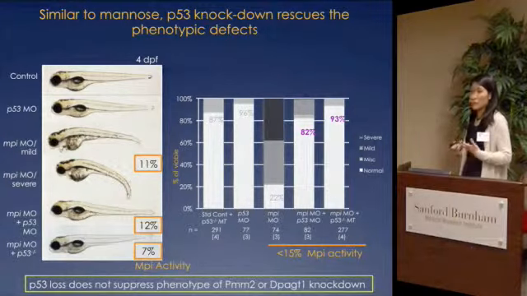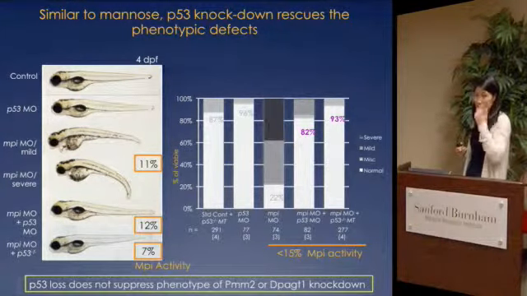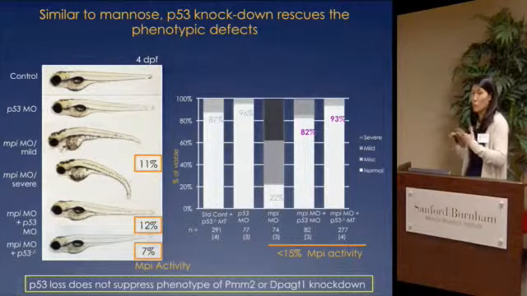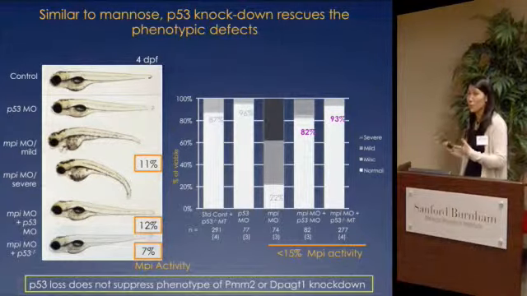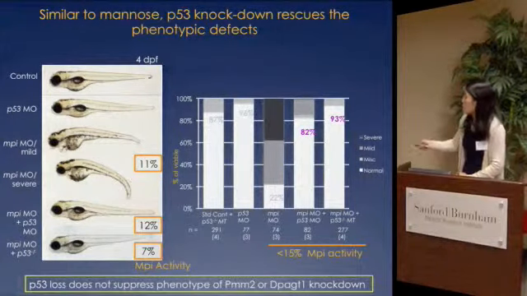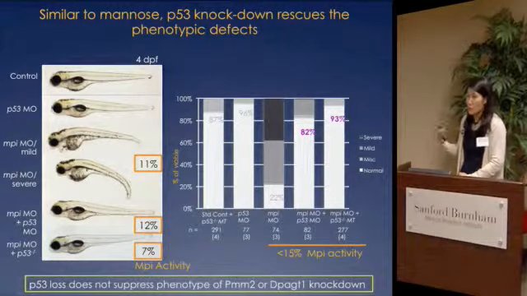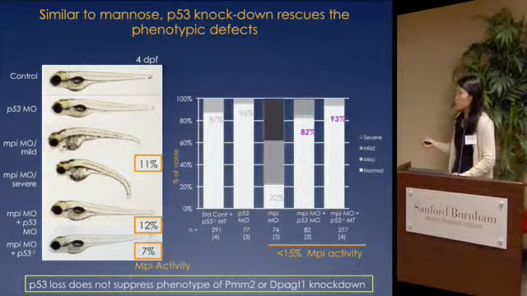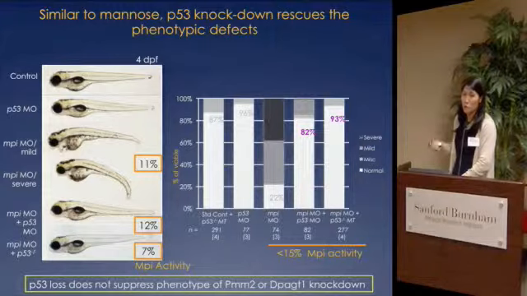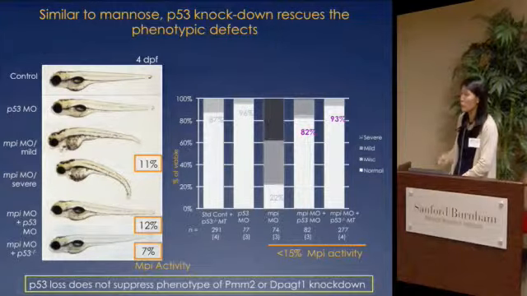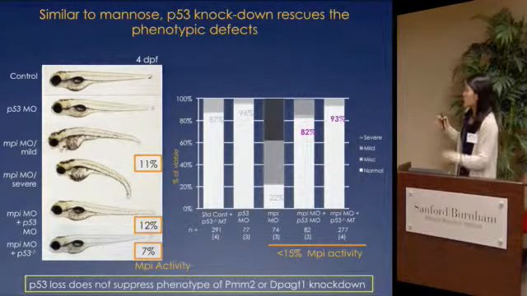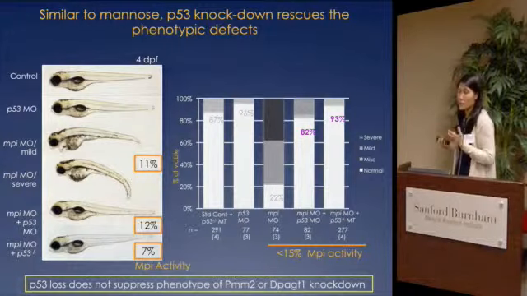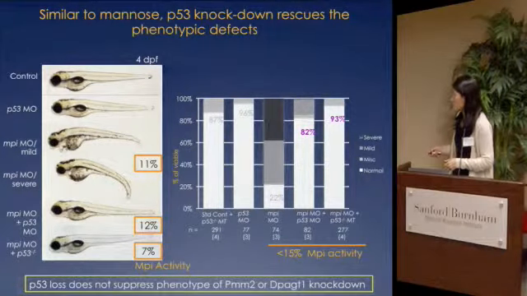To see if this P53 upregulation was specific to MPI or generalizable to glycosylation disruption or ER stress, we injected PMM2 morpholino into P53 mutants, and we also treated P53 mutants with tunicamycin and found no rescue at all. So it seems that P53 and MPI have a specific interaction.